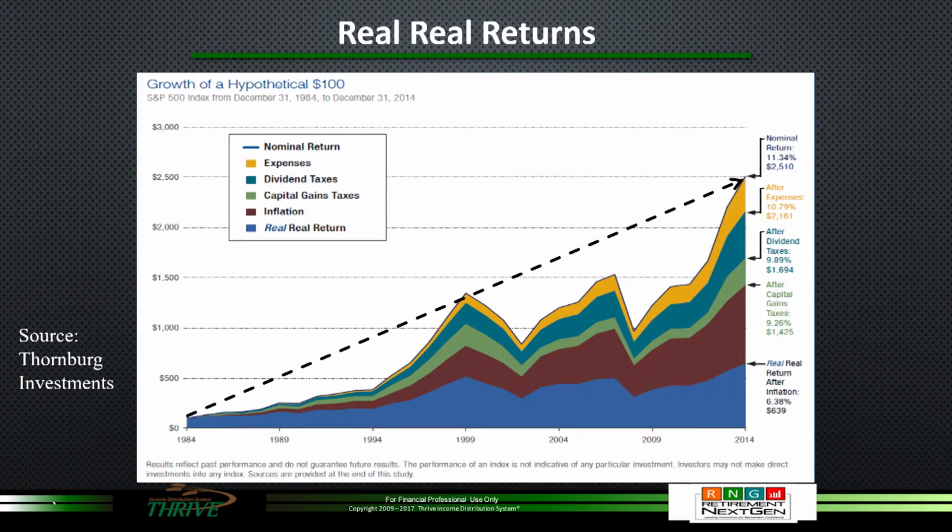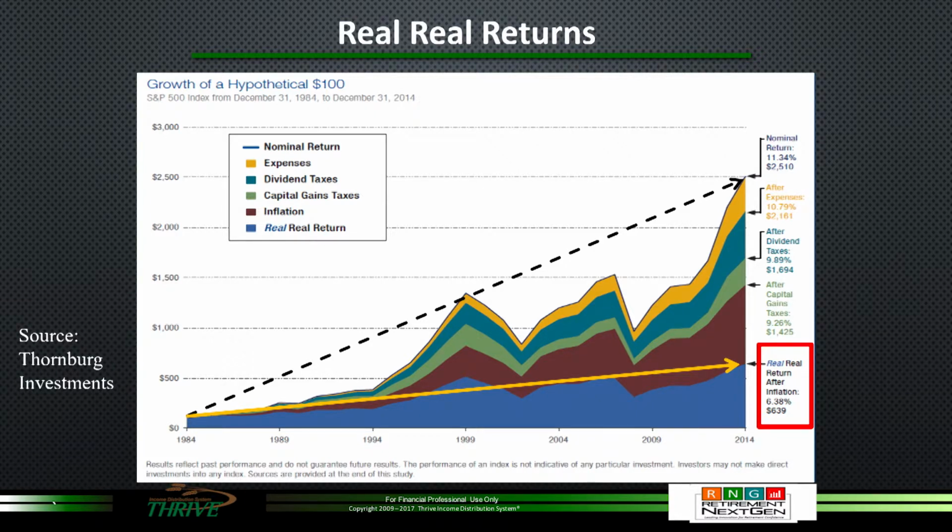So taxes are going to be an issue. And then the third and final element being calculated here is the 3% inflation factor. So when they adjust this for fees, taxes, and inflation, I want you to see over 30 years what the actual real return is. The real return is about 6%.